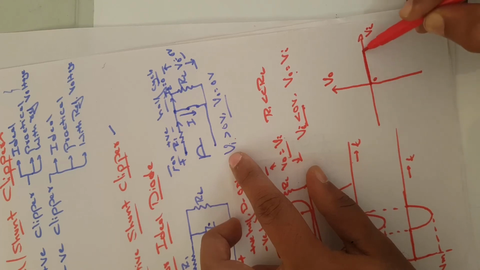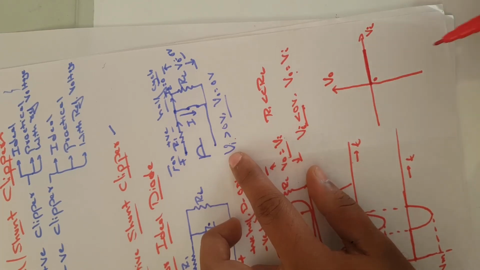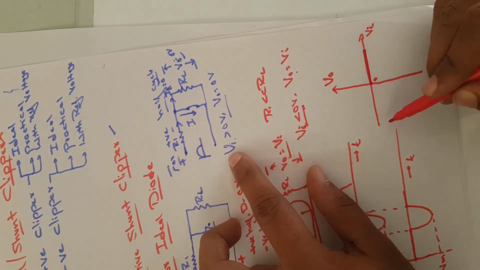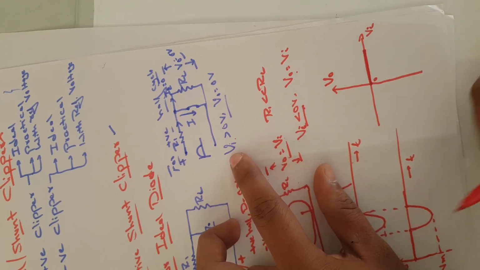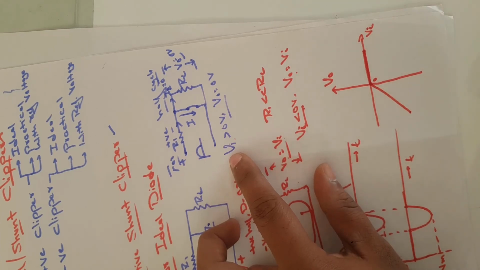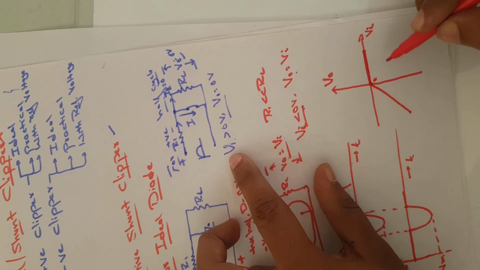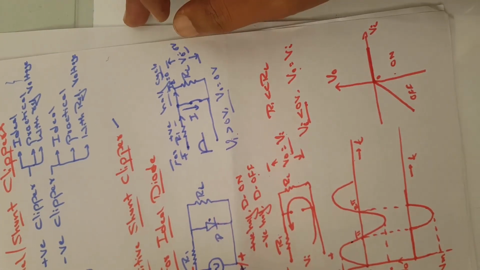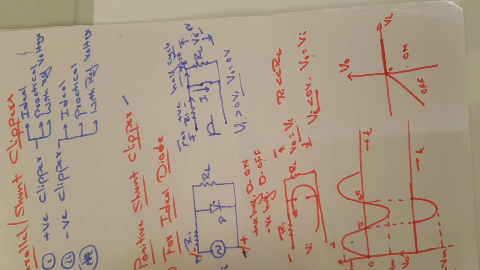And whenever the input voltage is negative, on this side, V0 is also negative, represented like this. By increasing the input voltage, the output voltage also increases. This portion is the diode on state, the conduction. Here the diode will be in the off state. This is for an ideal diode.